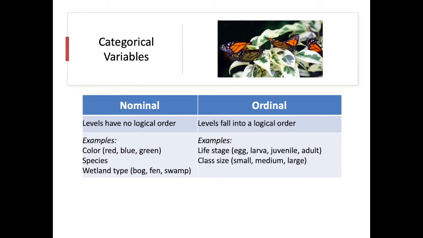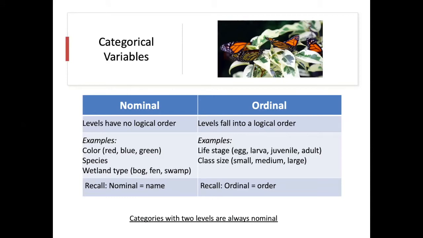In contrast, ordinal variables do have a logical order. For example, egg, larva, juvenile, and adult follows an ontogenetic progression, or class size, classified as either small, medium, or large, follows a logical order. That is, medium logically falls between small and large.